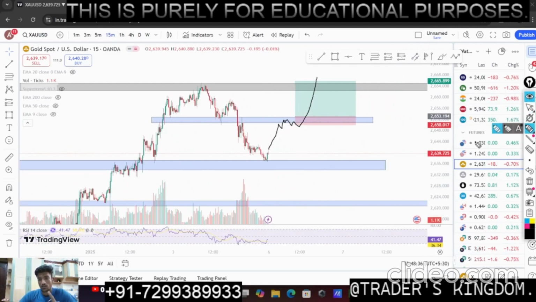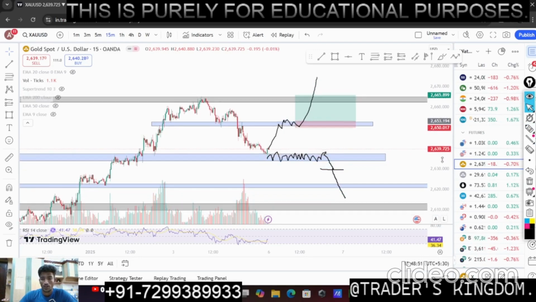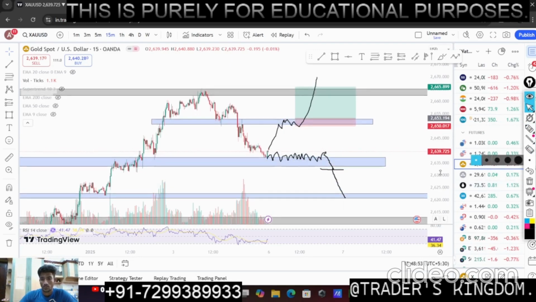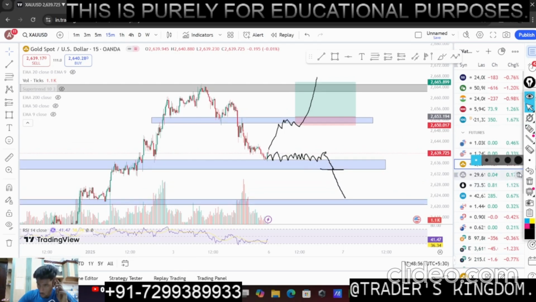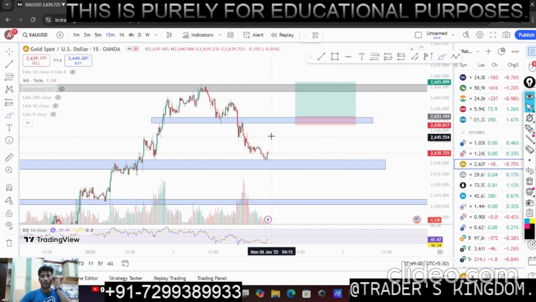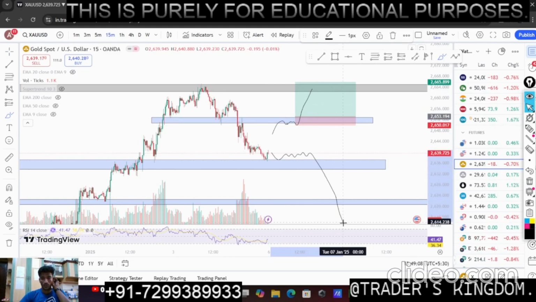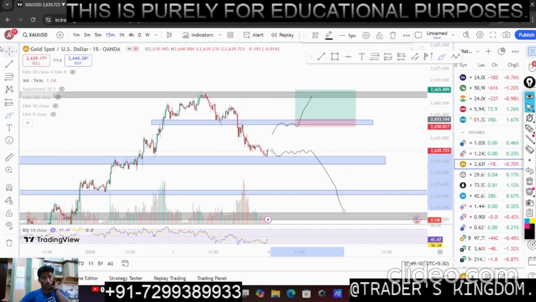In case it halts here, invites the buyer again and again, then we will look for the downside and this crossing for a target of this as 1 and this bigger one as target 2. Is it clear? So let me mark it. The first will be this, second will be this until the lower zone, right?